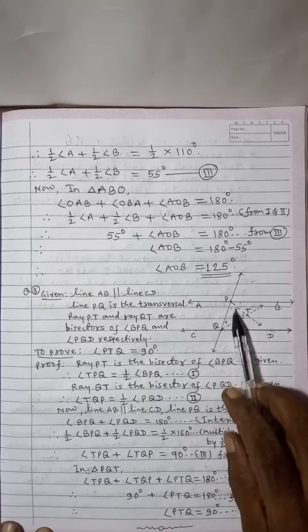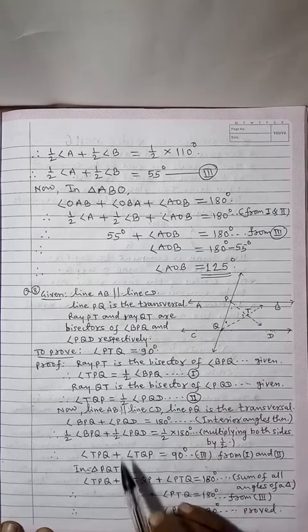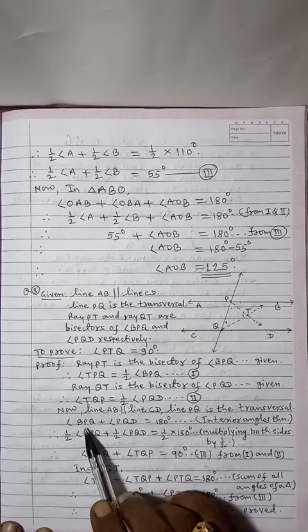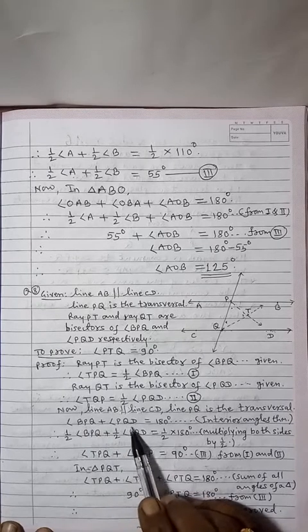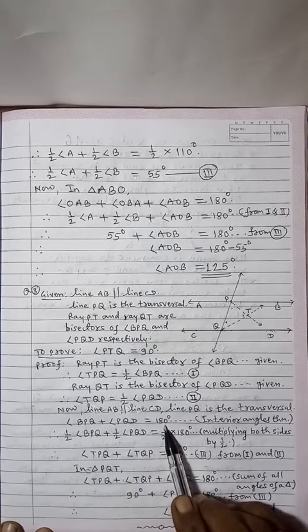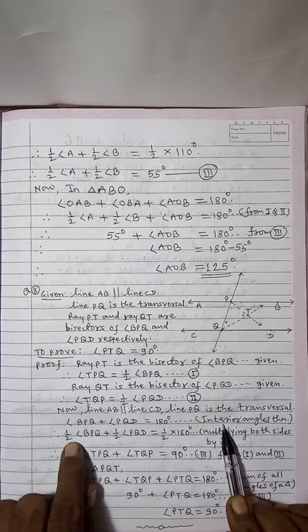So the sum of the measures of these two interior angles is 180 degrees. So here it is the result. Angle BPQ plus angle PQD is equal to 180 degrees. Reason: interior angles theorem.